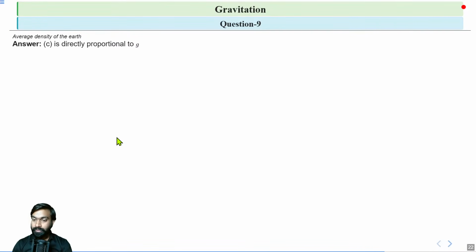So the correct option is C. Good, VK, your option is correct. Is directly proportional to g. So we know g equal to GM divided by R square. So mass of the earth can be written as M equal to 4 by 3 pi R cube into rho.